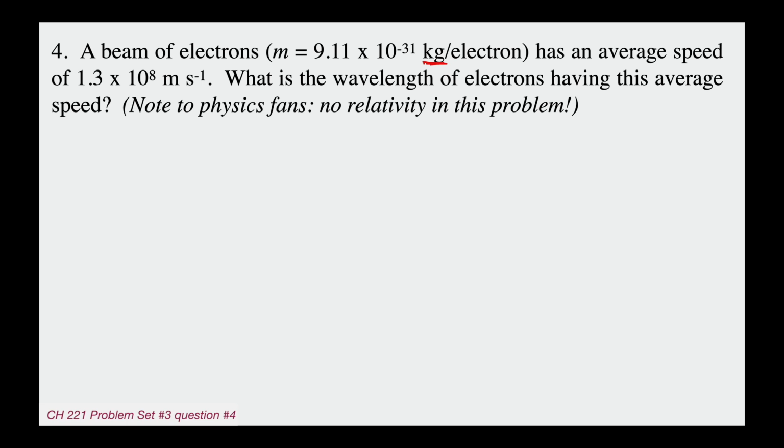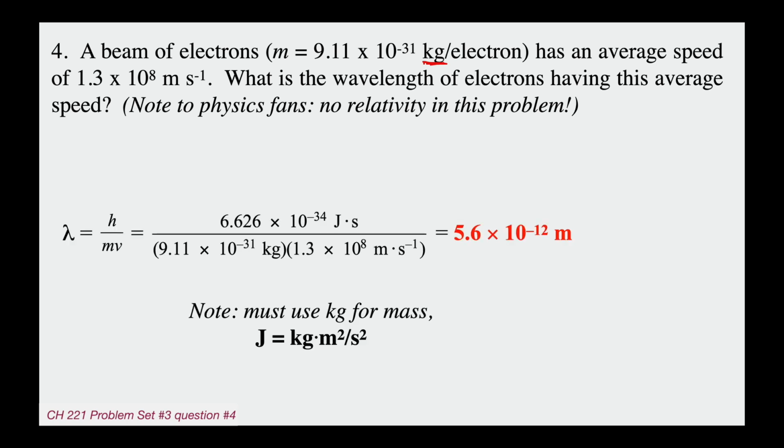The de Broglie wave equation is lambda equals h over mv, this part right here. And in this equation, you must use kilograms, okay? A joule, which is what Planck's constant has, is really equal to a kilogram meter squared per second squared. Because we want just a length, wavelength, we want meters to come out, so we have to make sure that everything in the joule is wiped out.